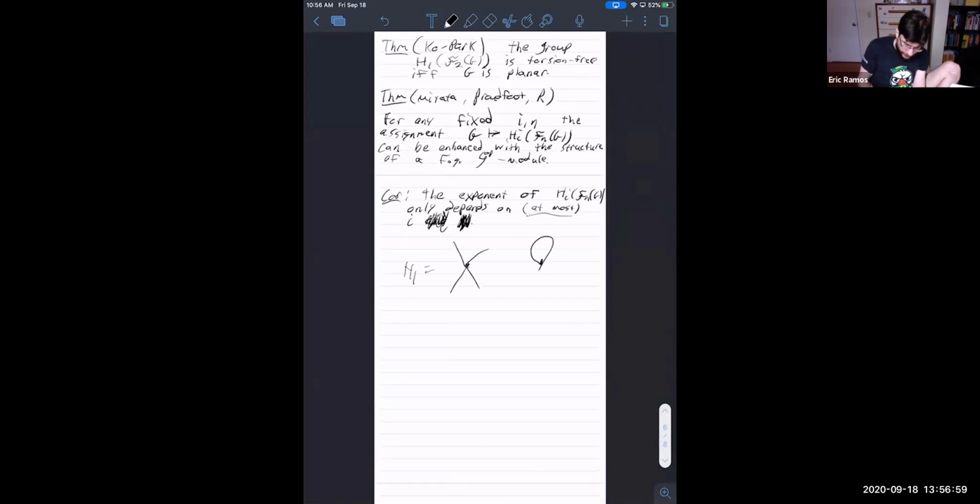Where you might say, wait, isn't this an infinite collection because I allow the number of edges here to be whatever? But the point is the number of edges you need is never more than the number of points you have. So if you fix the number of points, then you get this finite list. But morally speaking, these are the things that are generating H1.